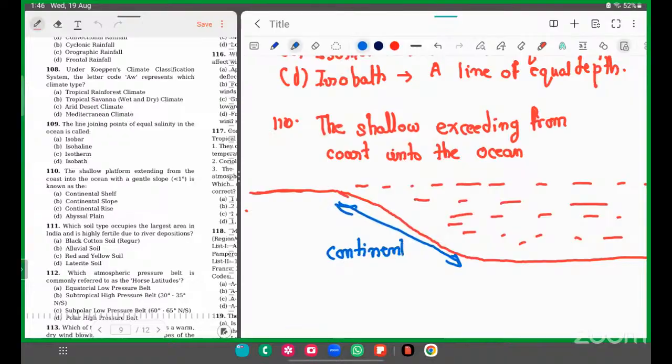Others are continental slope, the steeper drop area. Continental shelf here, slope will be here.